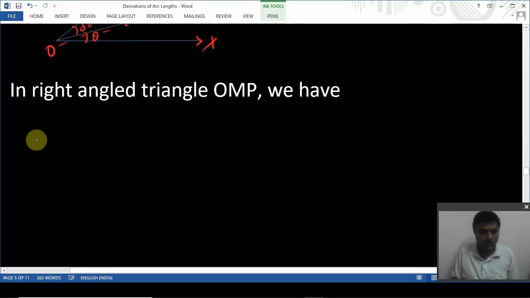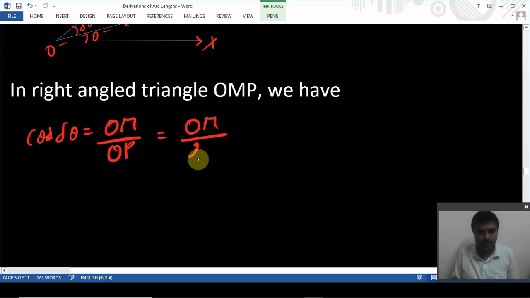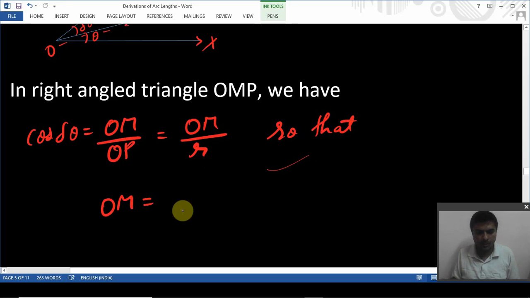So we have cos delta theta is equal to OM upon OP, which is equal to OM upon r. OP is actually the radius of the curve. So I want to find OM. OM is equal to r cos delta theta.